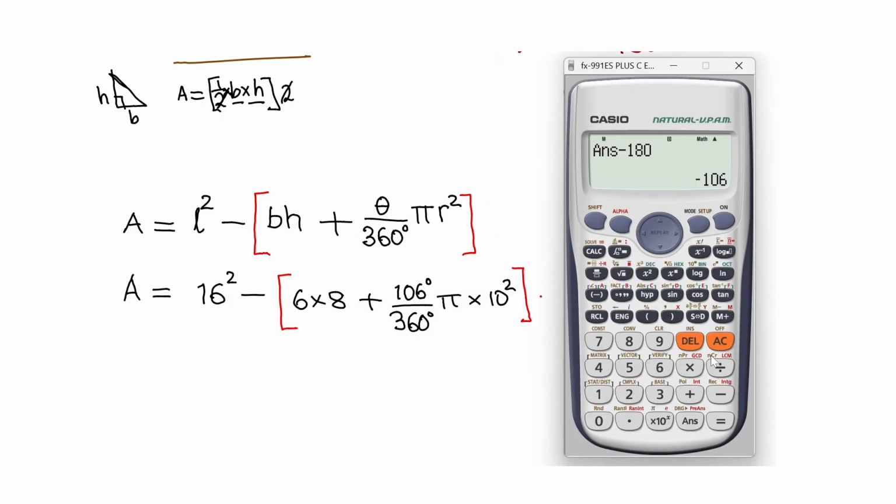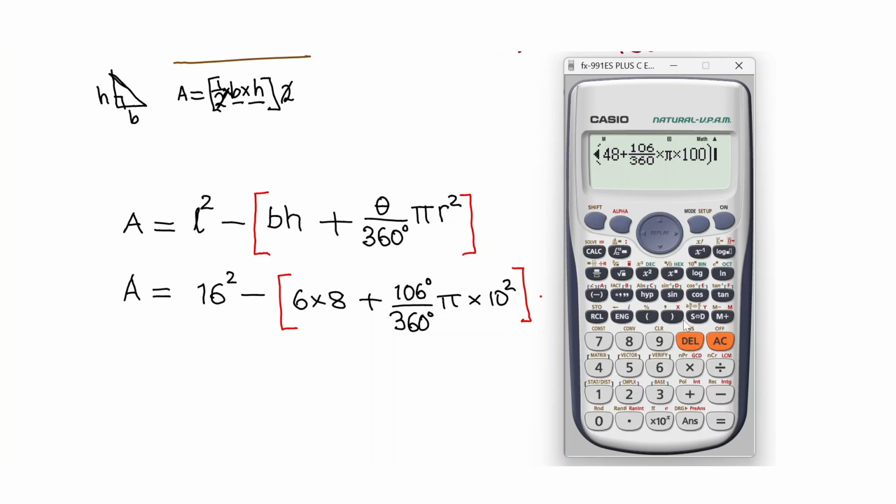Let's get our calculator and make this calculation at once. So let's have 16 square, and we subtract away. Let's open up this bracket, and we have, of course, 6 times 8 is 48, plus 106 over 360. Then we multiply this by the value of pi, and we also multiply this by 10 square, which is 100.